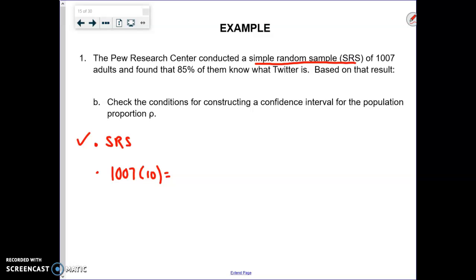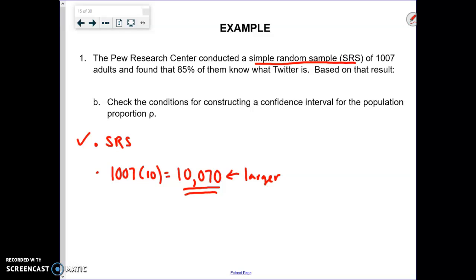If you take 1,007 times 10, you get 10,070. So in order for 1,007 to be 10% of the population or less, our population has to be larger than this.